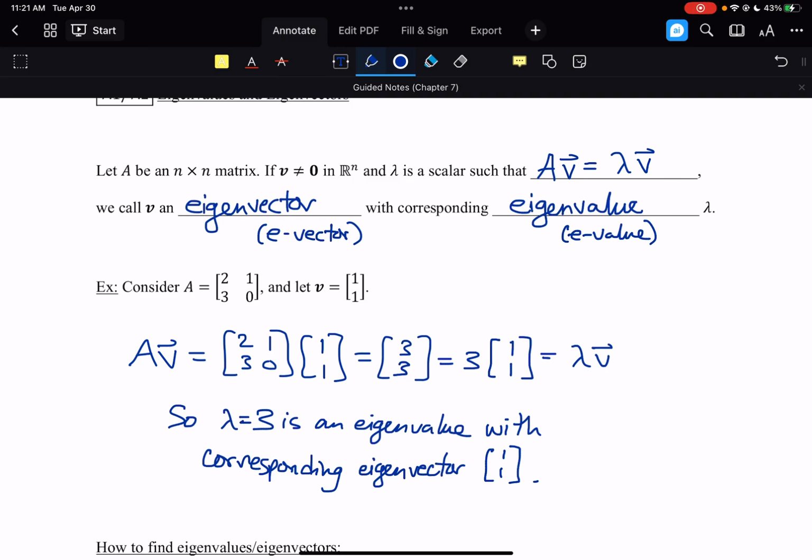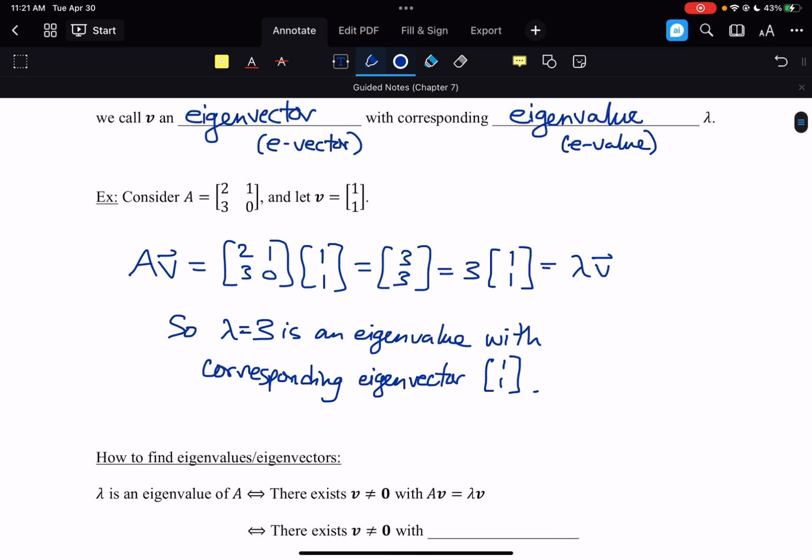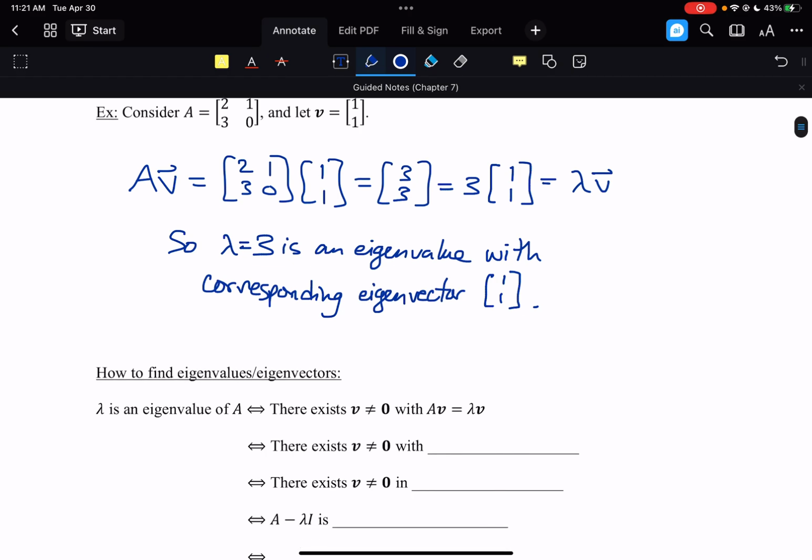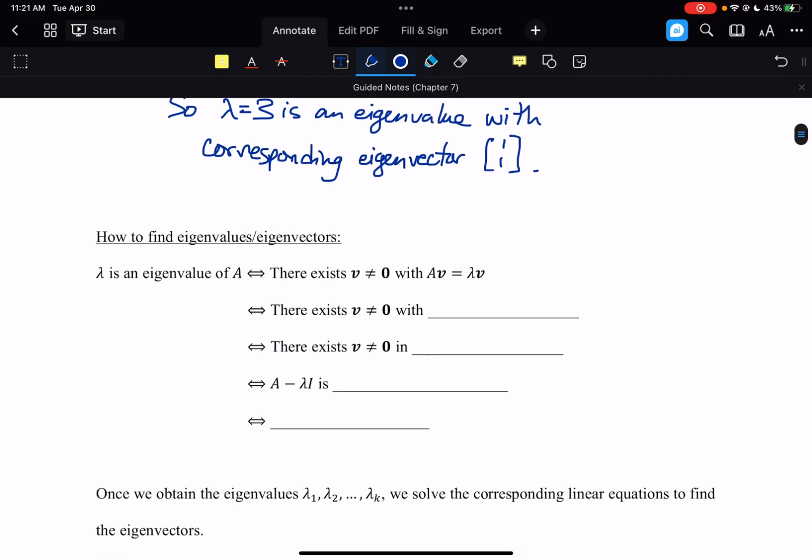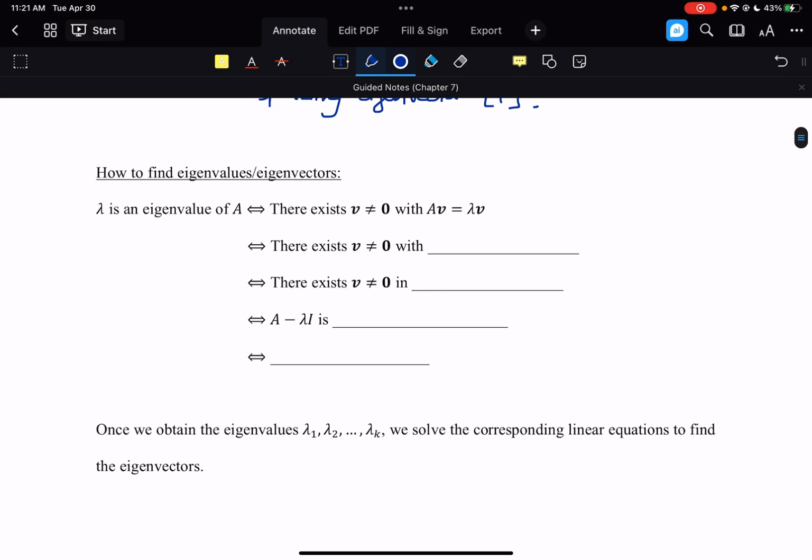Now, in order for us to find eigenvalues and their corresponding eigenvectors, we need to look at some logical equivalencies here that are going to help us develop our process. So we know that lambda is an eigenvalue of A if and only if there exists a non-zero vector v with Av equals lambda v, right? That is the definition that we just established up top.